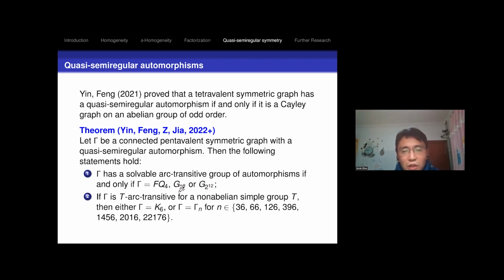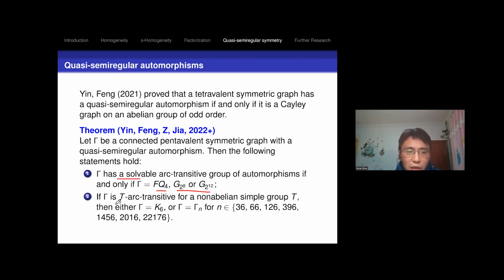We don't give the detailed construction of these graphs. This graph is just the four-dimensional folded cube. For this graph, it has order 2 to 8. This graph has order 2 to 12. So if the automorphism group is solvable, then we only have three graphs.